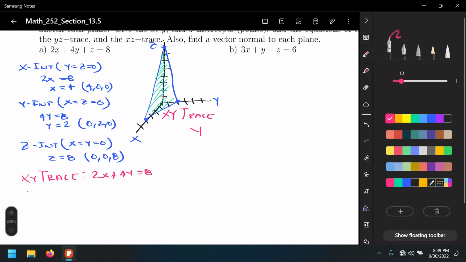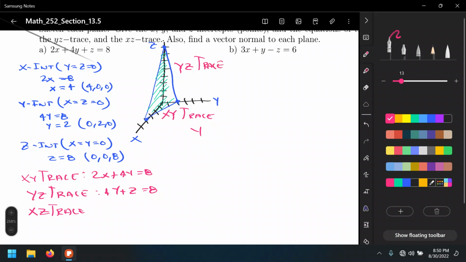And then we have the yz trace. The yz trace is this line right here when x is equal to 0. And that'll be 4y plus z equals 8. And we have the third trace, the xz trace. Let me label the yz trace.